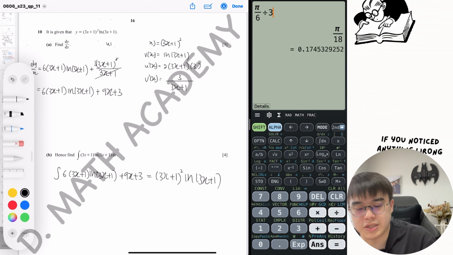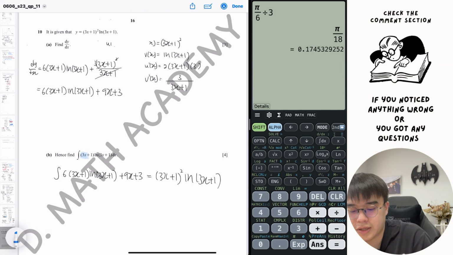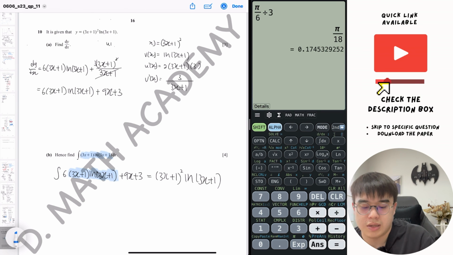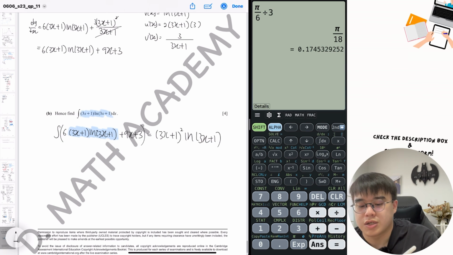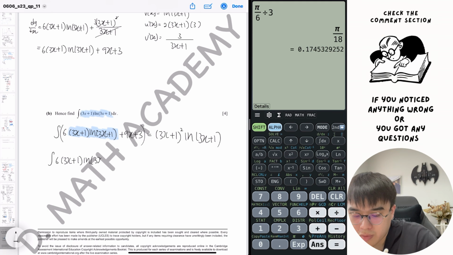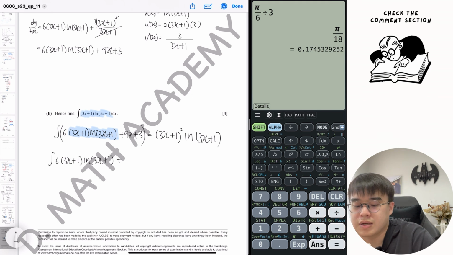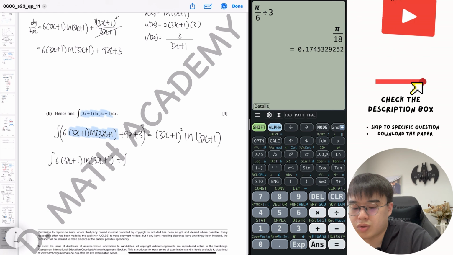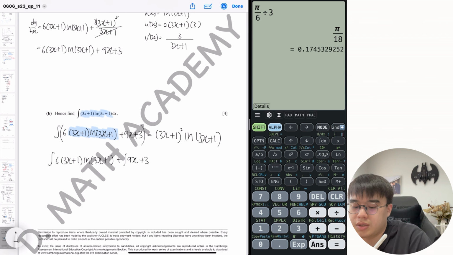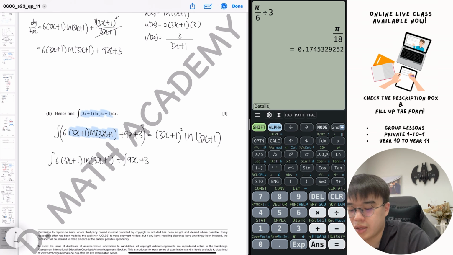Why did I do this? It's because I noticed that the part that they wanted is in the findings that I have previously. So if I were to split it up into this, I'm able to fulfill and find the question. So I get 9x plus 3. Okay, I group this up and integrate them.